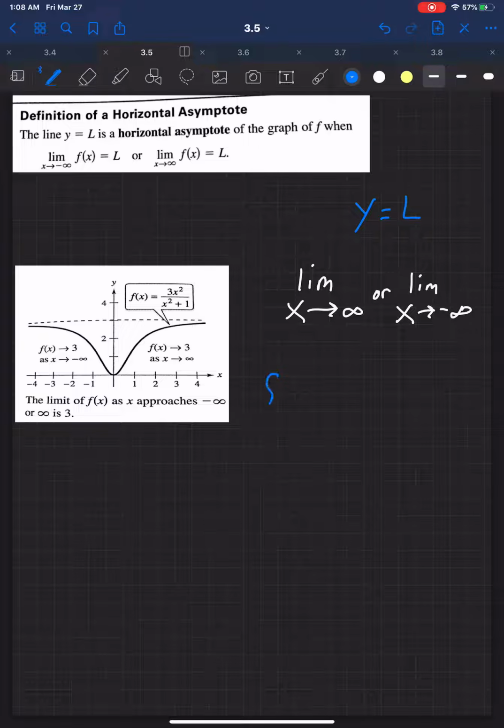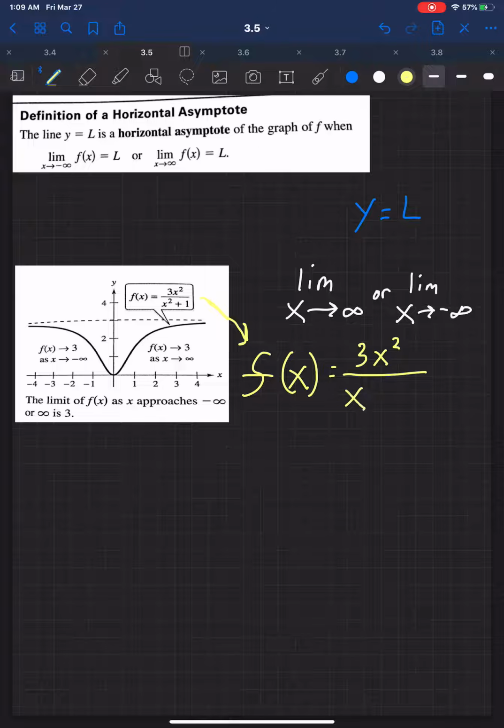In this case, we are told the function f of x is equal to 3x squared over x squared plus 1.